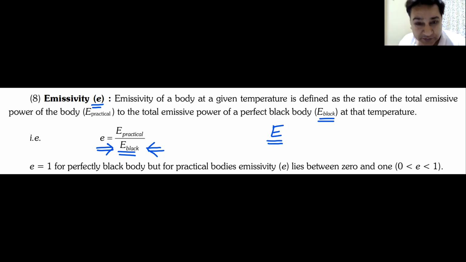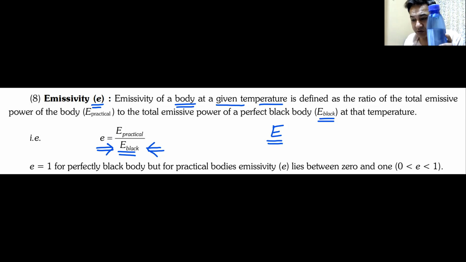What is the emissivity? How do we define the term emissivity? Emissivity is again a ratio. It does not have any units or dimension. So this question can also come in units or dimension. What is emissivity of a given body? Emissivity of a given body at a given temperature. Why is this temperature coming? Because energy depends on the temperature. Whatever thermal radiation this body is emitting, it depends on its temperature.